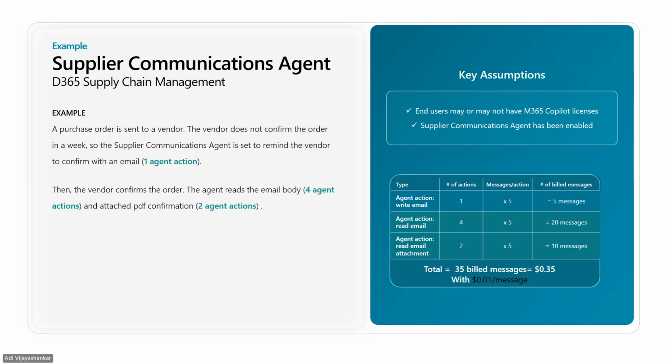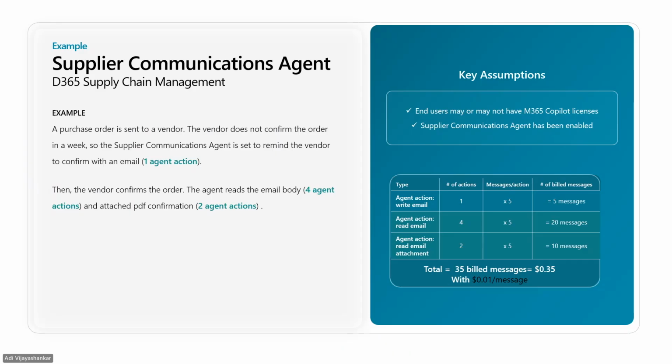If that email contains an attachment, the agent uses 2 more Copilot Studio actions, at 5 messages each, so it's 10 messages for that attachment. If there are multiple attachments, it would be more. Meaning if the supplier sends the confirmation for 10 purchase orders in 1 email, it would be 20 for reading that email, and then 10 times 2 actions for reading all those attachments, so 2 per attachment.